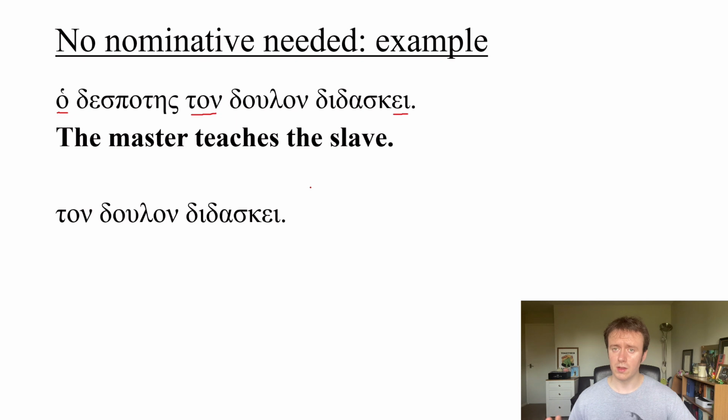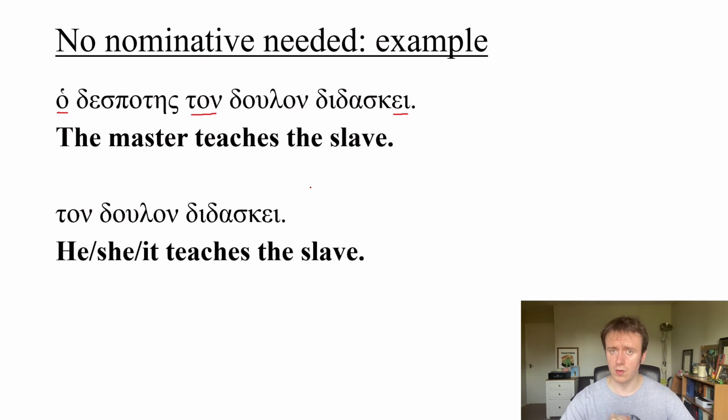And given that these three words are all we have, and we don't have any other context, we have to translate the sentence as he, she, it teaches the slave, or he, she, it is teaching the slave. Because we don't have a nominative noun or pronoun, we have to just rely on this person ending a to find out who is doing the action.